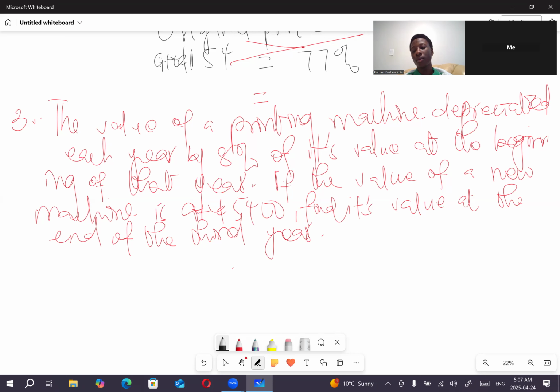But read and understand. If I tell you that the value of a car depreciates by 100 Ghana cedis every year, and in 2022 the car was 2,000 Ghana cedis, in 2023 it will depreciate by 100 Ghana cedis. So in 2023, the car will be 1,900.